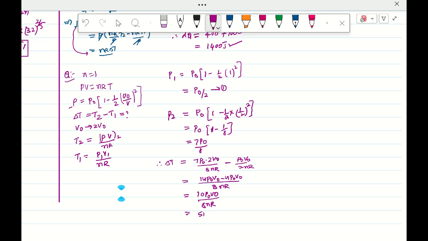I can write this as 5 P naught V naught by 4nR. So this is the change in temperature. Similarly, you can try another model, for example with 5 P naught V naught by 4nR. Right, so next model.